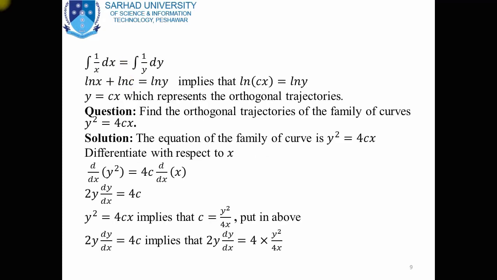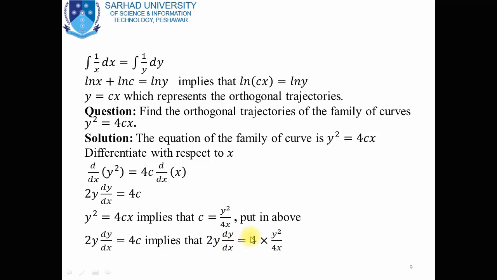Now, dear students, for the required orthogonal trajectory, replace this dy by dx by minus dx by dy.